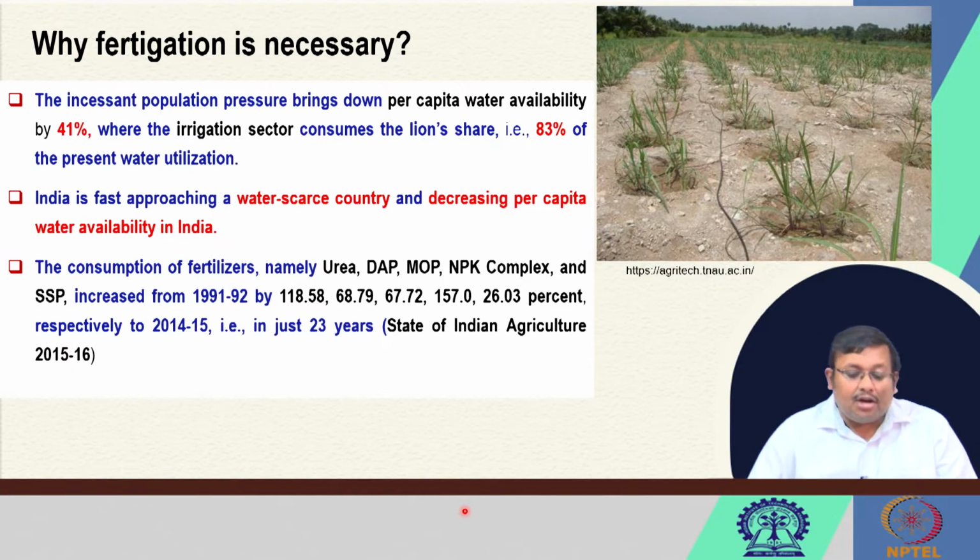At the same time, the consumption of fertilizers, namely urea, DAP, MOP, NPK complex and SSP, increased from 1991-92 to 2014-15 by 118, 68, 67, 157 and 26% respectively in just 23 years.